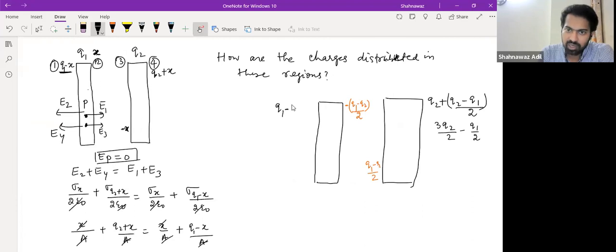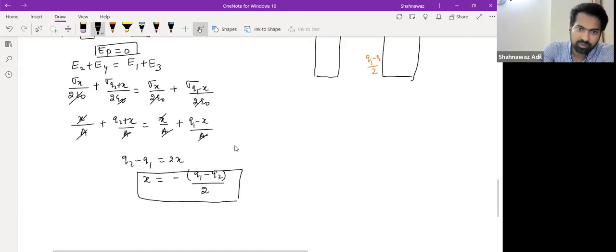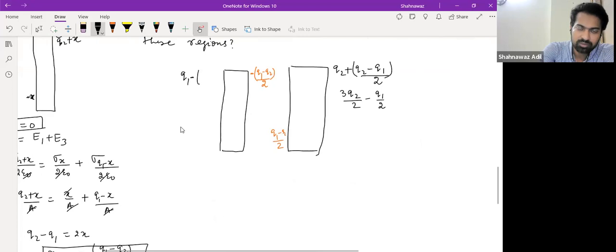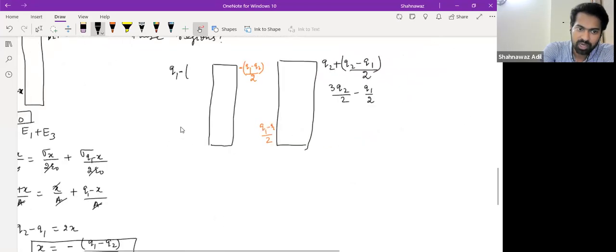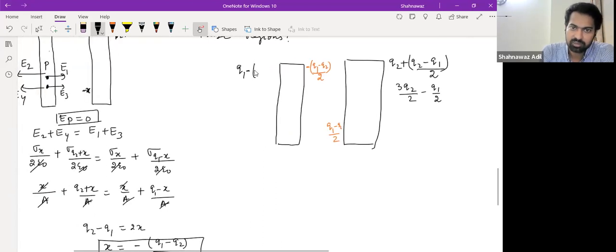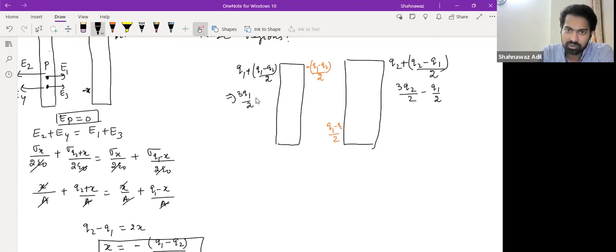Minus of x would be q1 minus q2 by 2, so minus of x would be plus of (q1 minus q2) by 2. So this would give me 3q1 by 2 and minus of q2 by 2. Is that clear, guys?